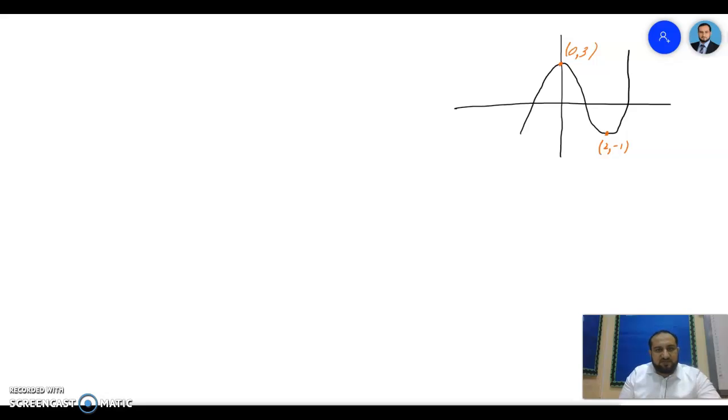So let's say if we have f of x plus 4. Now we know this is a transformation, a horizontal translation, which means it moves along the x-axis. So we can easily remember by setting this equal to 0.